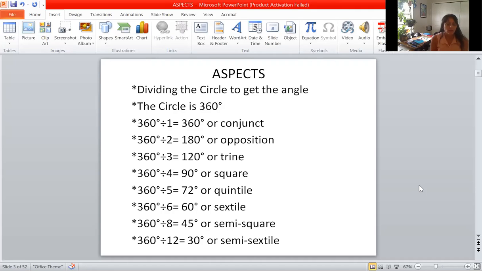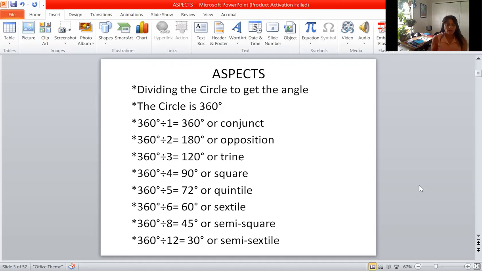So we're looking at aspects today, and we're starting to get our mind around this. If you follow my logic here, we have the circle, and we're going to divide it by different numbers. Dividing 360 by 3 gives 120, or the trine. Divided by 4, we get 90, or the square. Divided by 5, a 72-degree angle called the quintile.